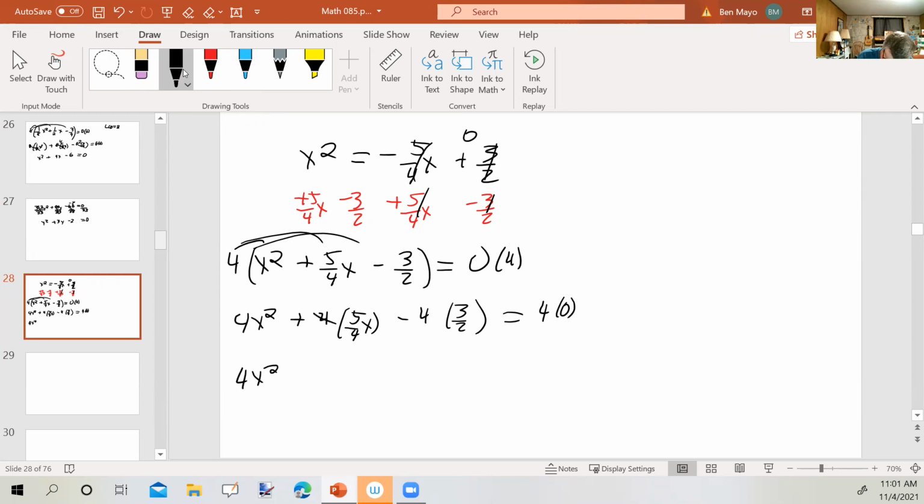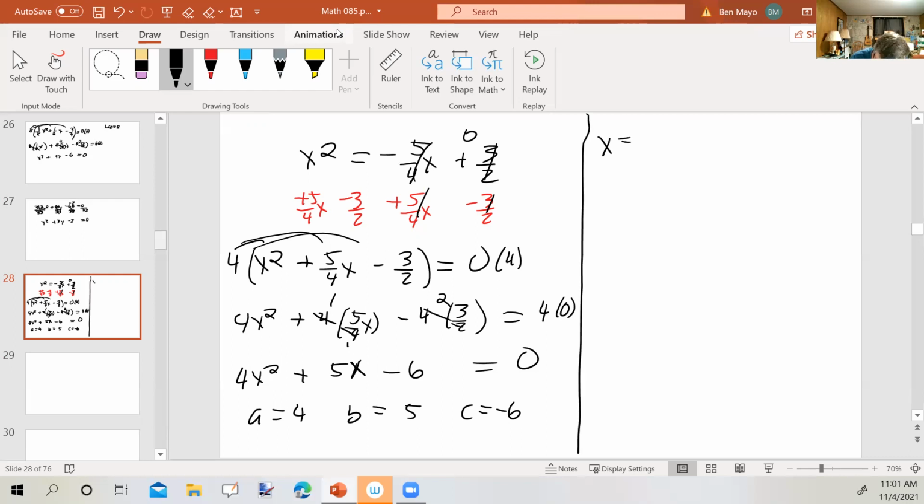4x squared reduces down, plus 5x reduces down, minus 6 equals 0. So I put it in standard form. I cleared the fractions. So now A is 4, B is 5, and C is -6.